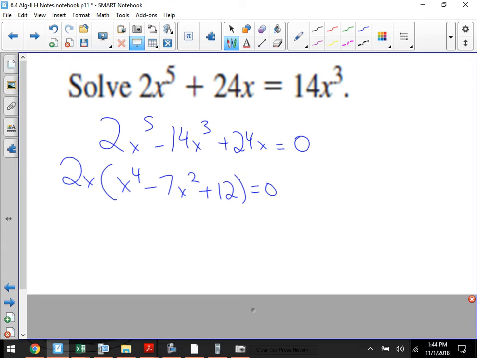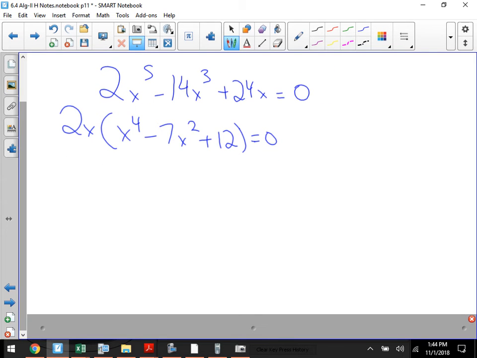So what times what is 12? You add together to get negative 7. Negative 4, negative 3. Very good. So we have 2x, x squared minus 4, x squared minus 3.